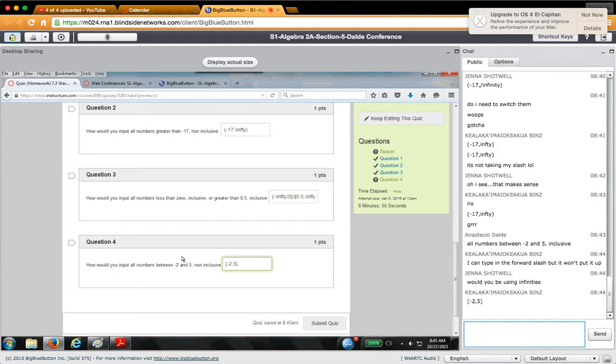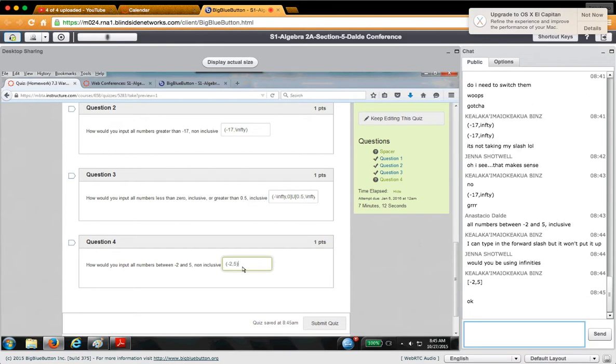When I gave you the problem, I said inclusive, but actually the problem asked for non-inclusive. So just to do that, I'm going to change that to a parentheses. But you're right. With the problem I asked you, I said -2 and 5 inclusive, then you would use the brackets. But since I'm saying non-inclusive in the problem, I'm putting parentheses. I guess I typed that up wrong. Let's try submitting this, and hopefully we get a 4 out of 4.